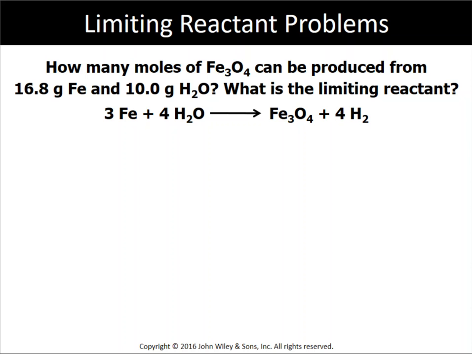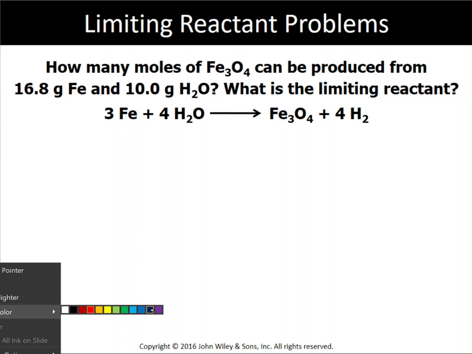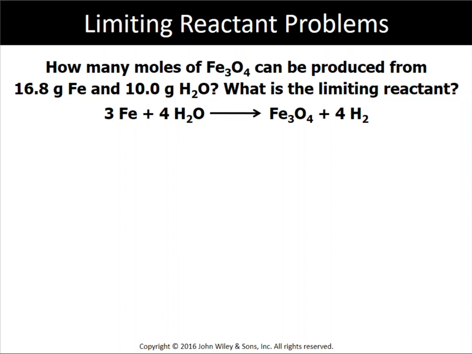Since the initial quantity of both reactants are given to you, you want to check for limiting excess, meaning that from mass of iron, you want to find moles of iron, and then moles of Fe3O4. And then from mass of water, you do the same thing too, and then compare the amount of product.